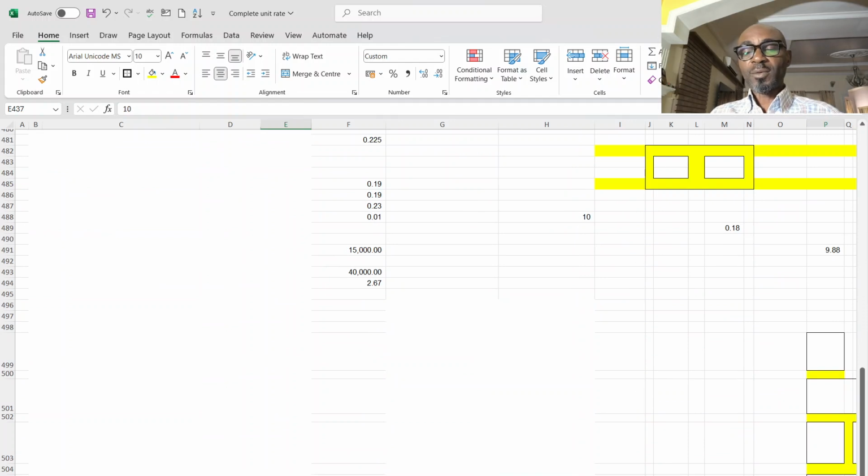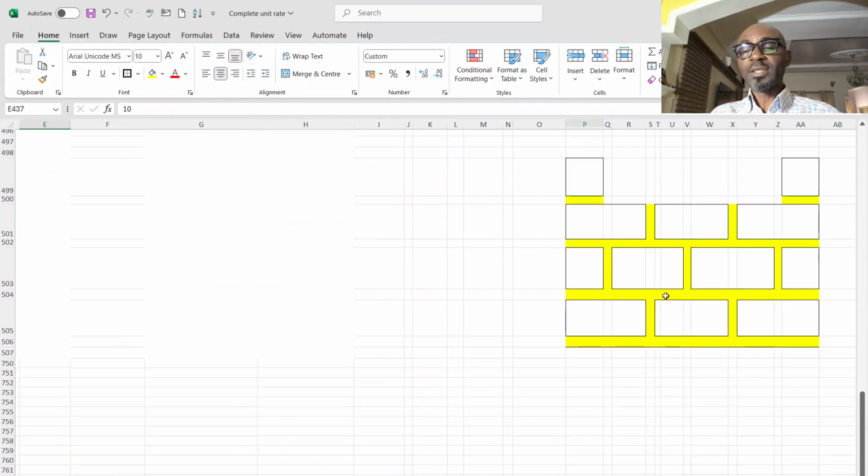Now, to get the mortar: all the yellow highlighted areas are where the mortar will be laid, both on the bed and in the joint. These are the joints, these are the beds. We have 3 beds, 1, 2, 3, with the 2 small ones, which are half, about 450 long.